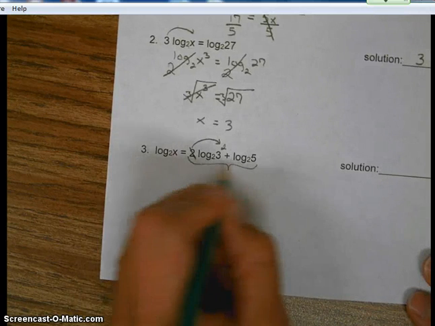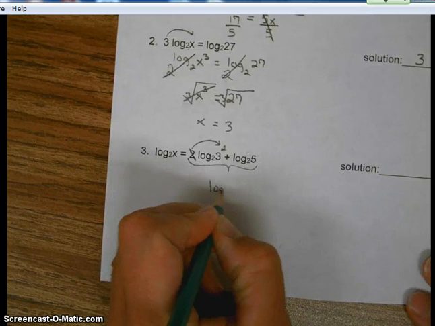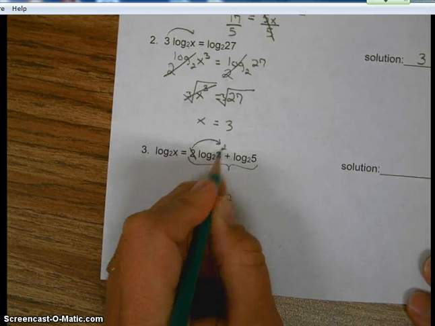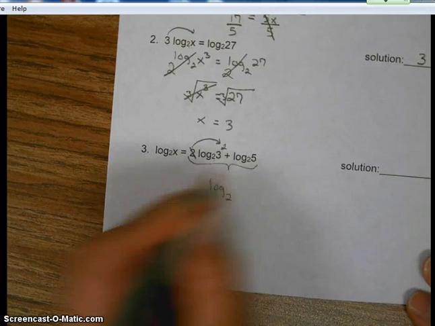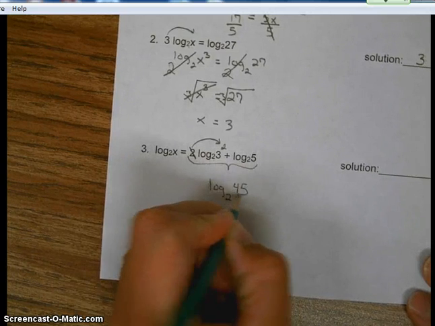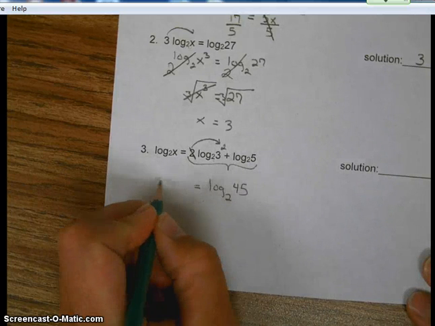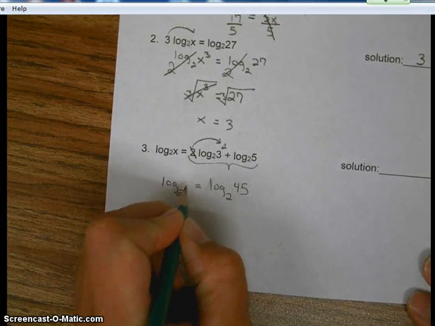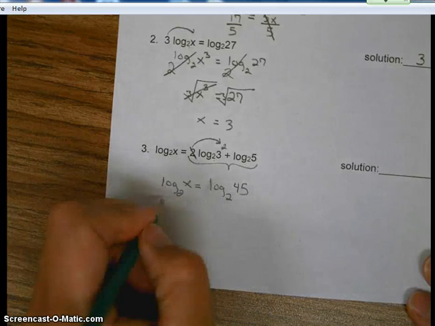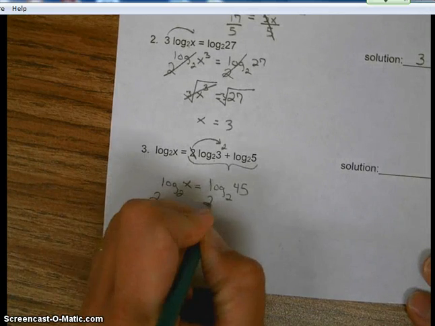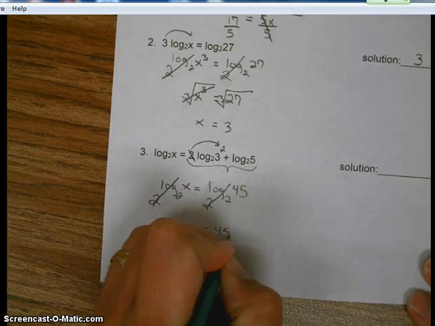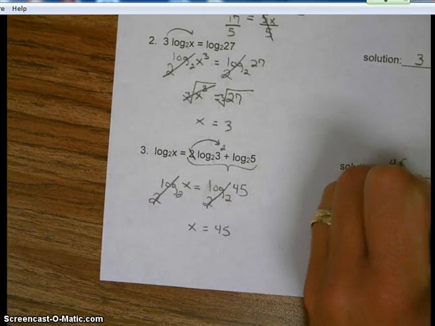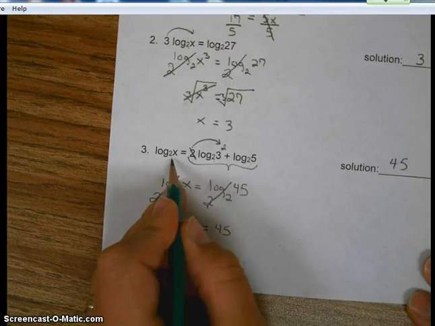So we're going to condense those to log base 2 of 3 squared is 9, and then 9 times 5 is 45. Base 2 on both sides, cancel out the logs, so x equals 45. And if I plug 45 back in, it works.